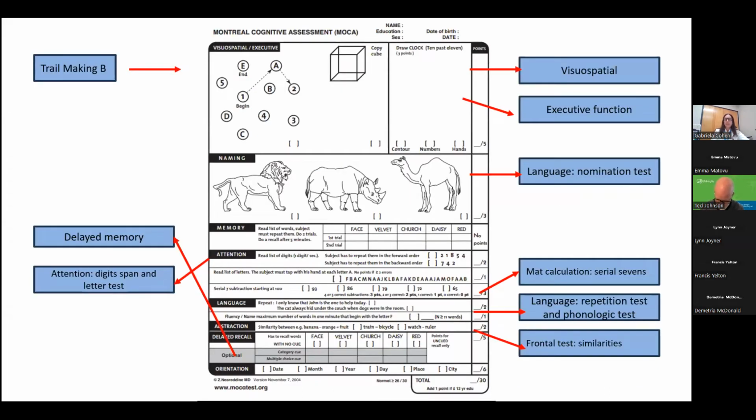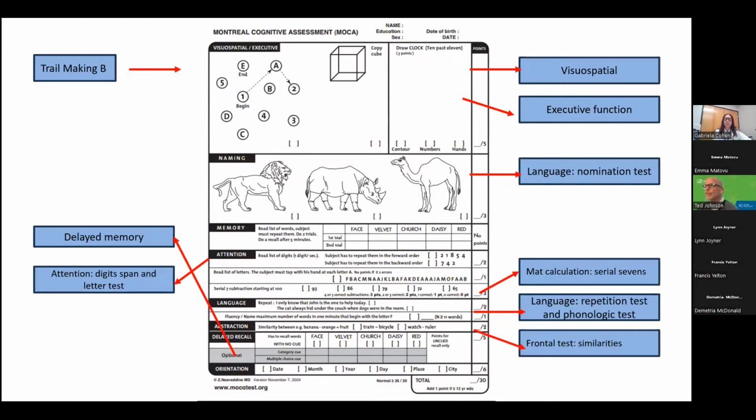So this is the MoCA. I'm sure that most of you are familiar, but basically it's a test where the maximum score is 30, and you really test all cognitive domains. You do the first arrow here, this is part of the Trail Making B. Here, you ask the patient to link number 1 with letter A, number 2 with letter B, and you alternate a number and a letter, and we're going to see a little bit more later.